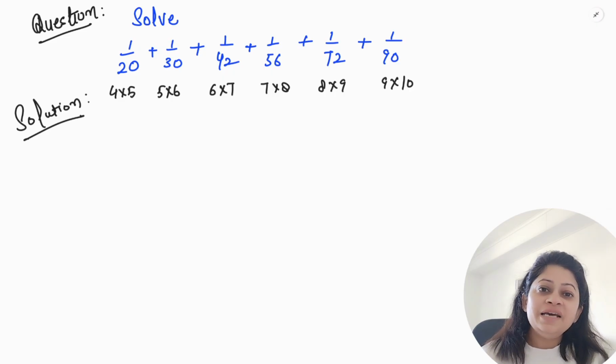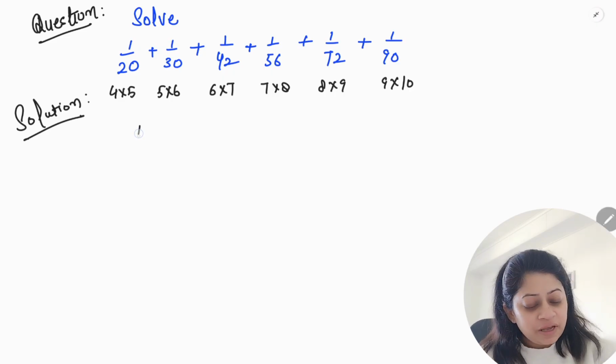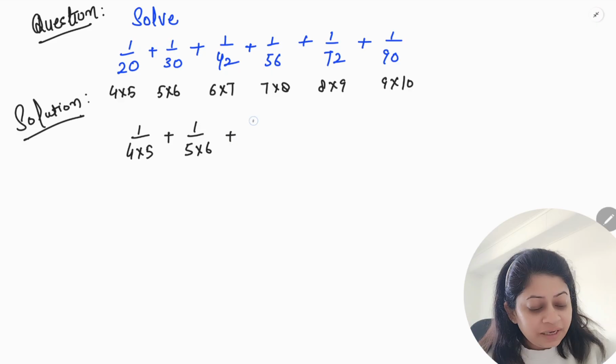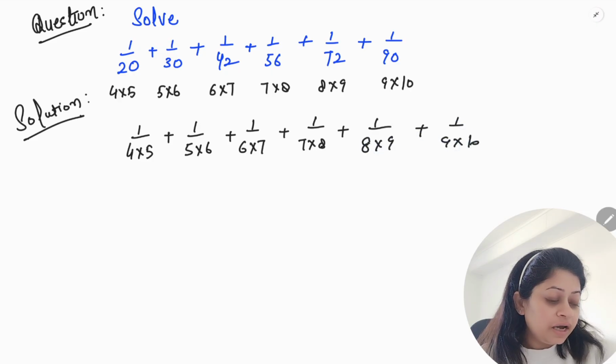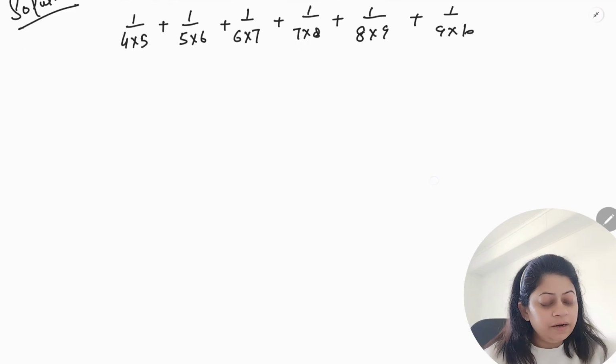Observation always makes the question simpler, right? So we have 1 by 4 times 5 plus 1 by 5 times 6 plus 1 by 6 times 7 plus 1 by 7 times 8 plus 1 by 8 times 9 plus 1 by 9 times 10. Now how to proceed with this then?